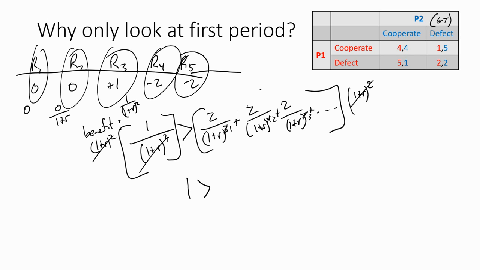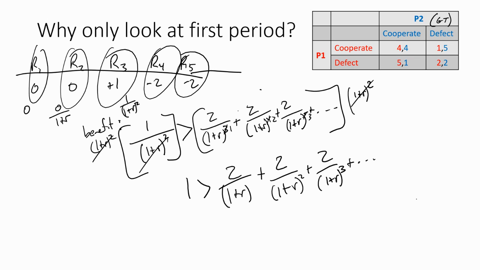What do we end up with? We end up with 1 over, sorry, not 2 times 1 plus r, 2 over 1 plus r plus 2 over 1 plus r squared plus 2 over 1 plus r to the third, and so on. That's just 1 greater than 2 over r. That's the same exact math we had in the first time.